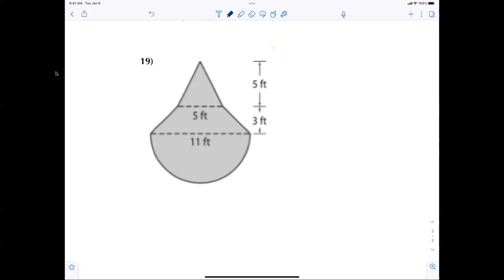One of the shapes is a semicircle. Very good. All right, semicircle, trapezoid, and triangle. Write the formulas down for all 3 and then add them together. Rounded to 3 decimal places if necessary.